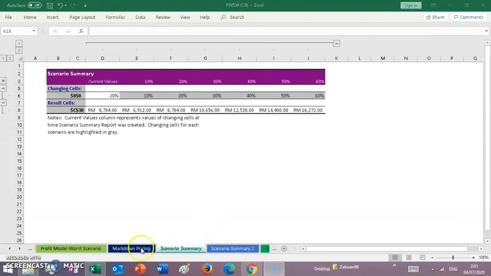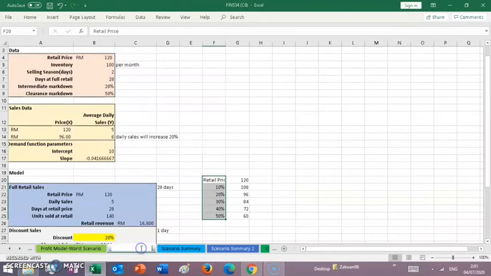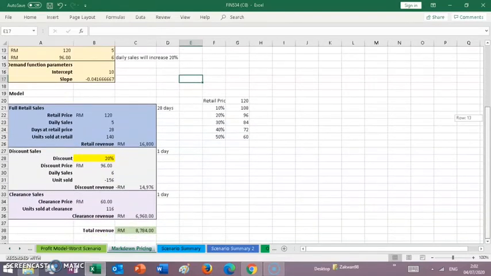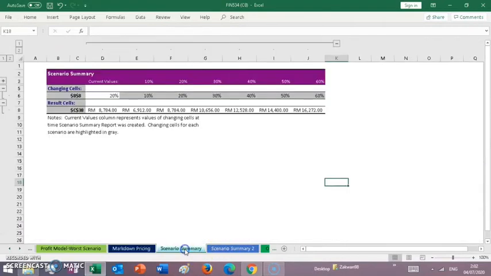Okay, next we go to markdown pricing. Okay, this model is to identify which discount rate that I need to choose to get a better revenue. Okay, for the first scenario I choose 60%. Then previously I used 20% for discount rate.